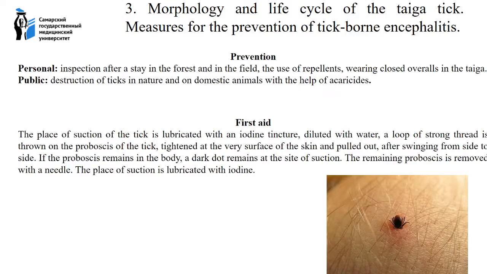Public prevention consists of destruction of ticks in nature and on domestic animals with the help of acaricides.